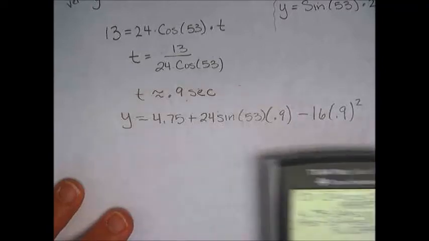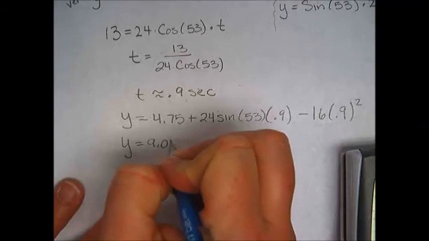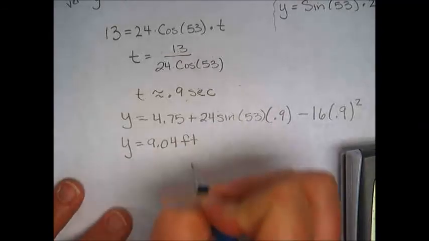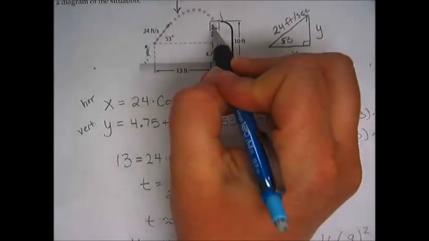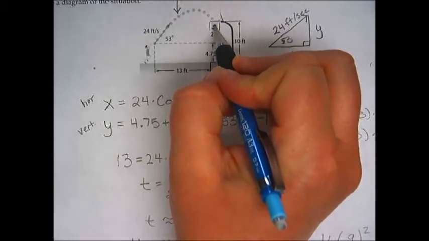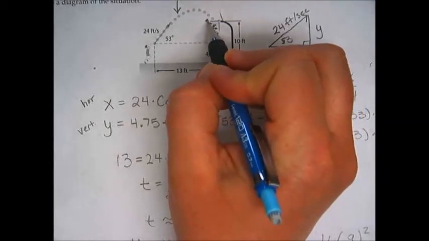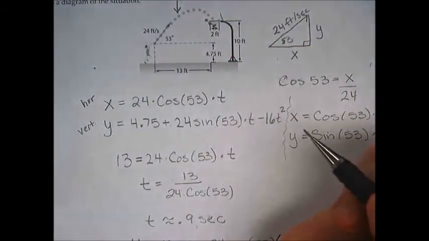And I find out that the vertical distance the ball would travel would be 9.04 feet. Because the basket is 10 feet high, if we look back up here at the picture, at 0.9 seconds she would be here, and so at that point in the flight of the ball, she would be below the rim and she would not make the basket.